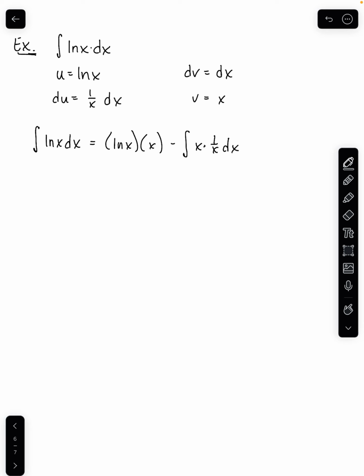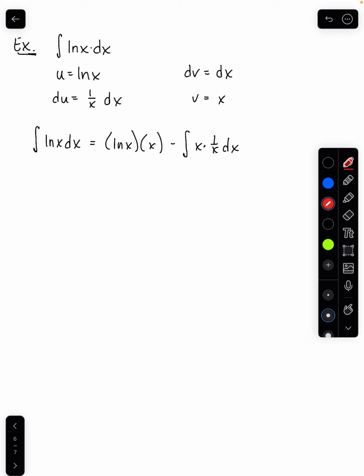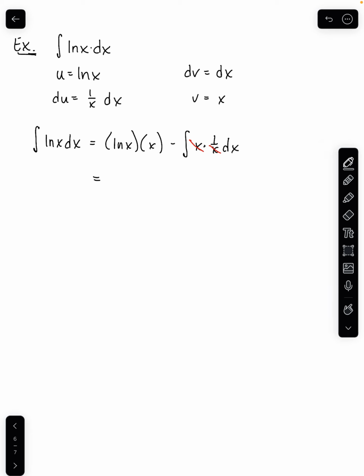And much the same as our second example, we actually see a simplification in this integral where the x's cancel out, and what we're actually left with is simply the integral of dx, which, well, we already talked about. The integral of dx is just x.